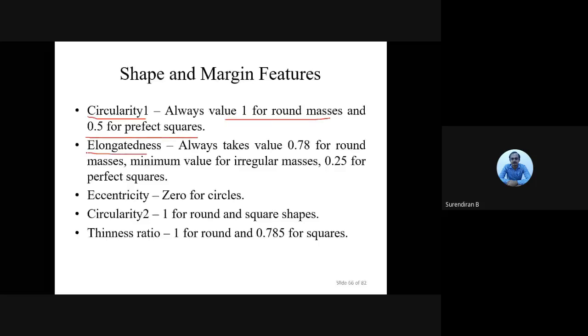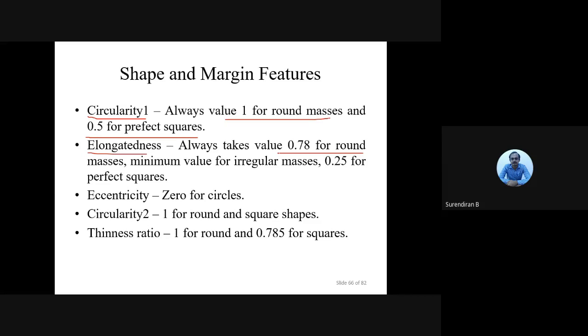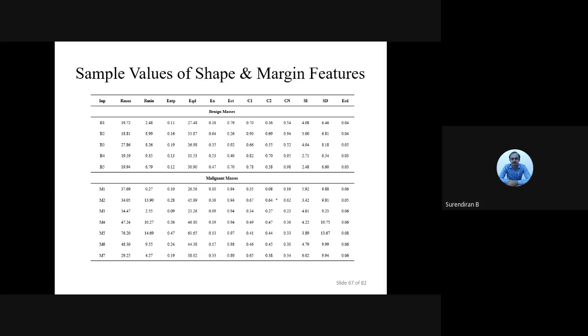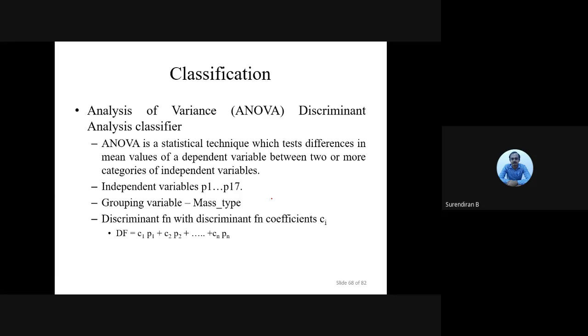Similarly, elongatedness always gives 0.78 for round masses and 0.25 for perfect squares. Like this, these several features have specific values for specific types of shapes. This is the inference using the modified features, and we used them for the mammograms.